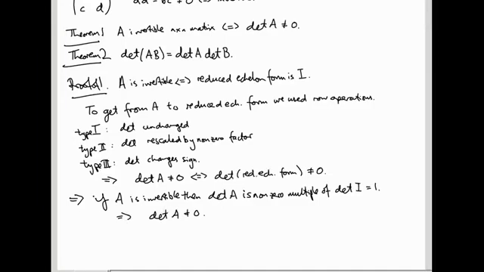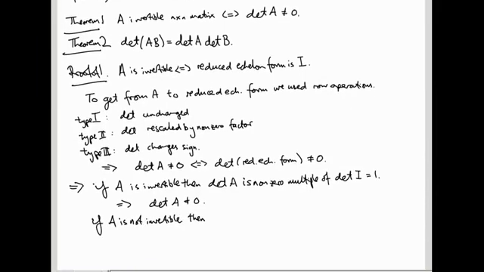The other direction, if the determinant is non-zero, then you're invertible. Well, it's similar. So if A is not invertible, then its reduced echelon form is not the identity, and that means it has to have a row of zeros.